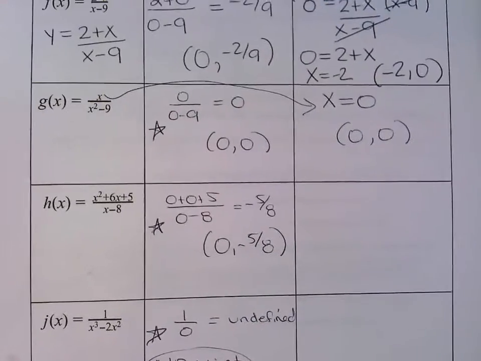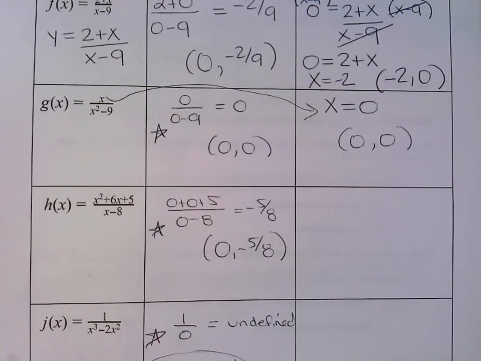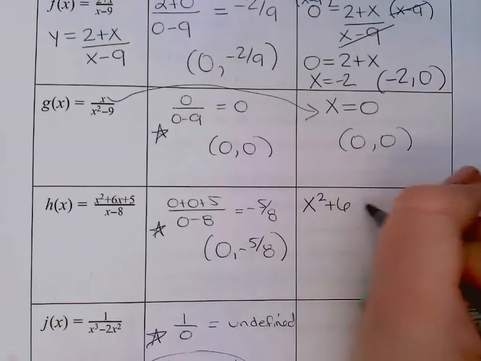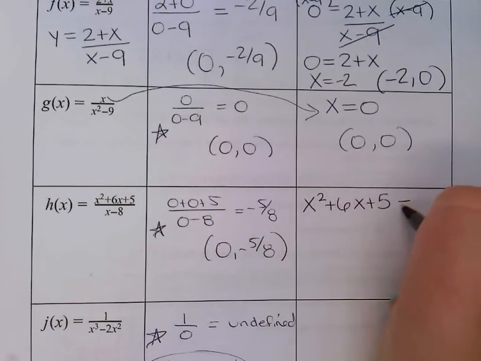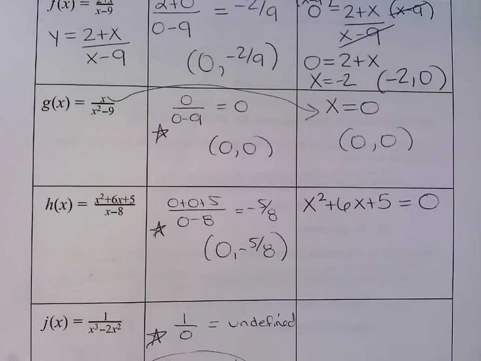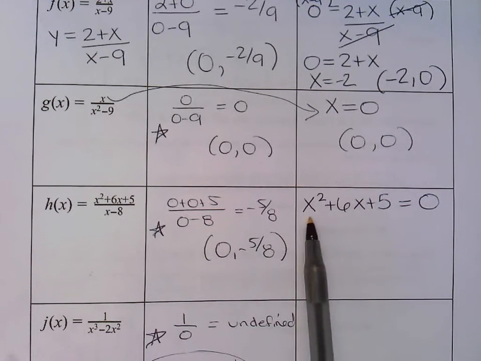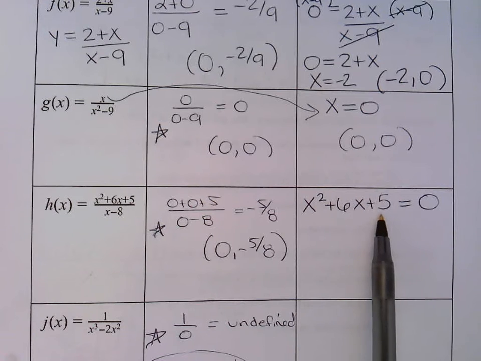In h, you're going to have to factor before you solve this problem. So you have x squared plus 6x plus 5 equals 0. Use your factoring skills to solve for those zeros. So see how it's still practicing your factoring skills all throughout this unit. So take a minute and factor that one on your own to find your two x-intercepts.